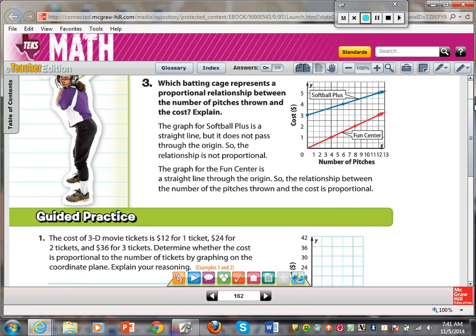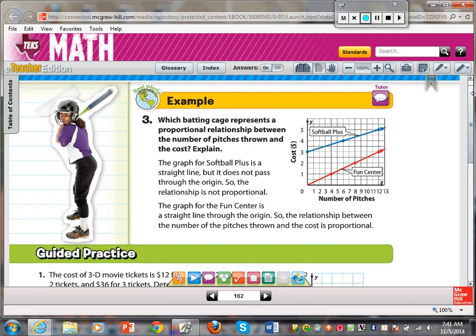Let's do example number 3 here. It says, which batting cage represents a proportional relationship between the number of pitches thrown and the cost?